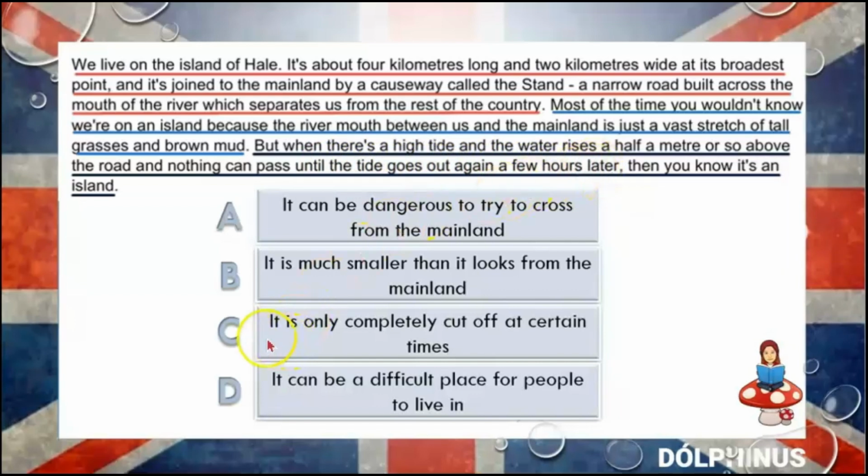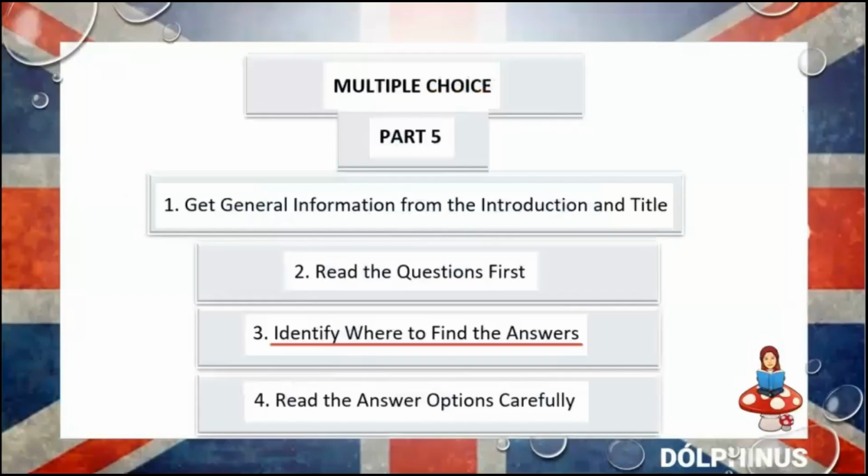So C is correct. And finally, D, it can be a difficult place for people to live in. We can suppose it's a difficult place to live in, but is it actually said? No, so it's incorrect.